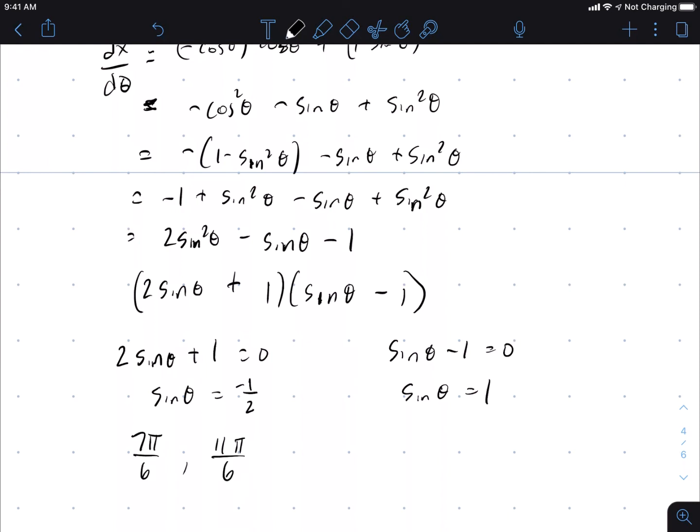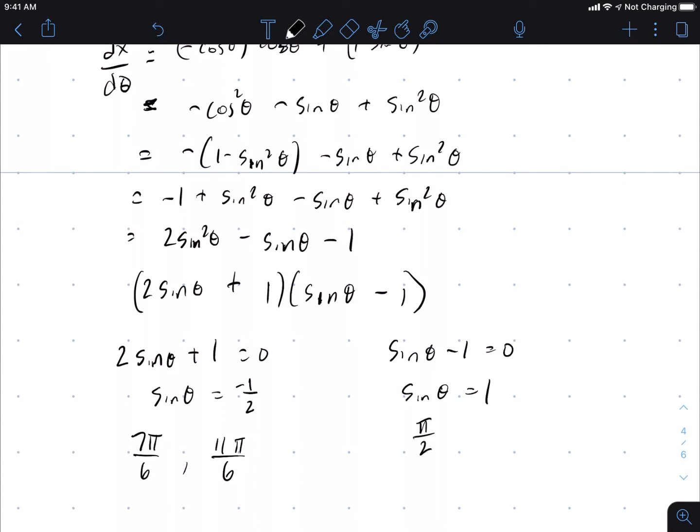Yeah. When is sine equal to 1? Pi over 2 and 3 pi over 2. Just pi over 2. Oh, yeah, that's negative.